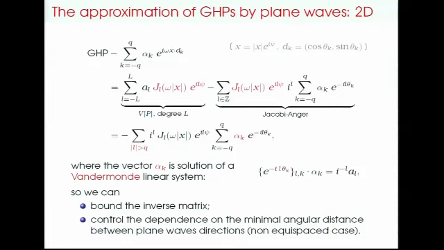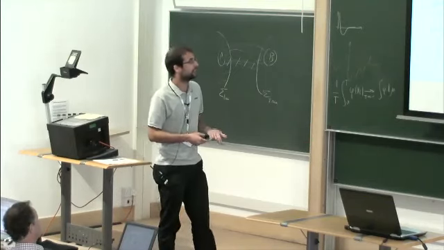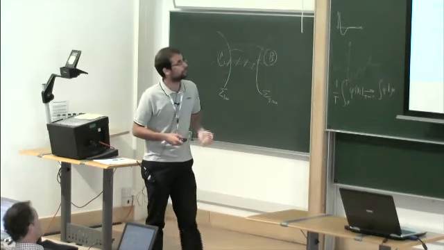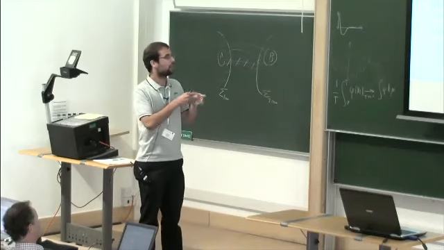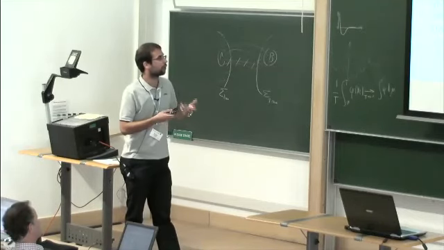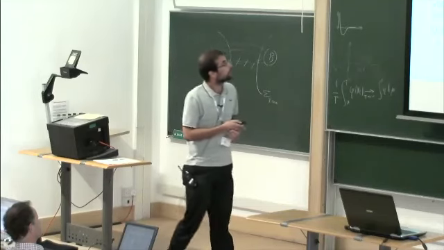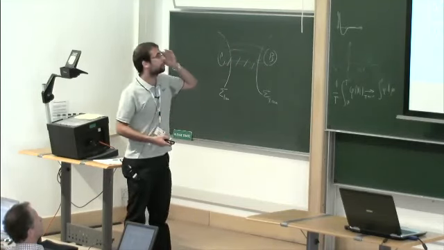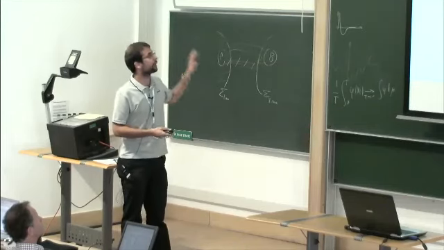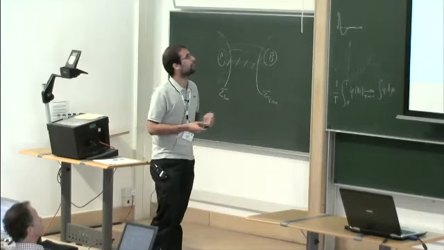Even if the directions of the plane waves are not equispaced, we can control the different error we have when two directions are getting closer, or if we make a strong choice of the directions. So this gives a best approximation estimate for a generalized harmonic polynomial by 2q plus 1 plane waves.